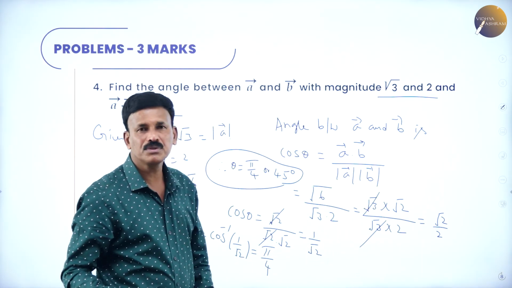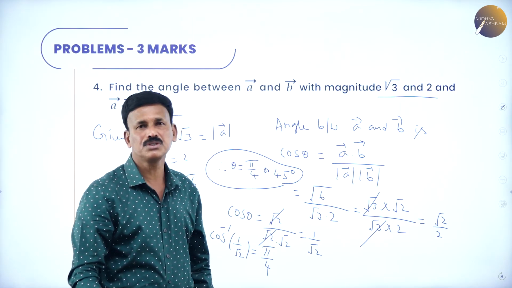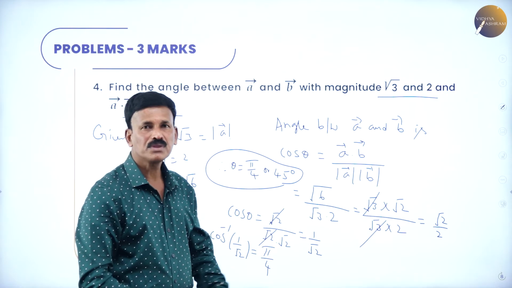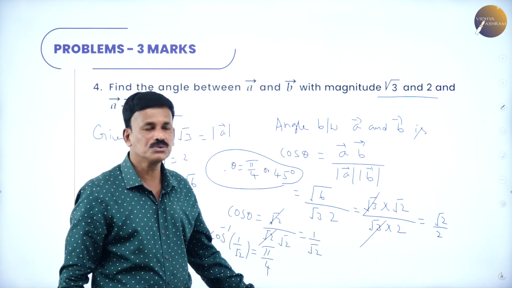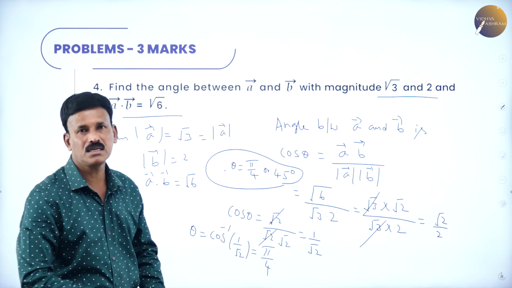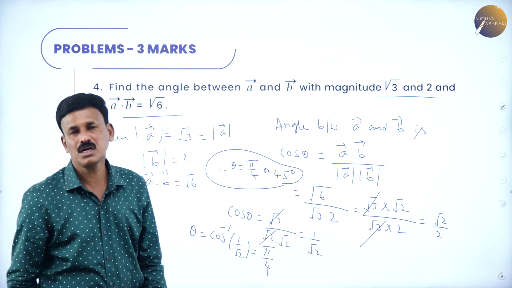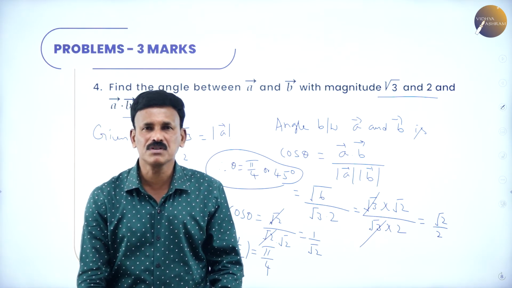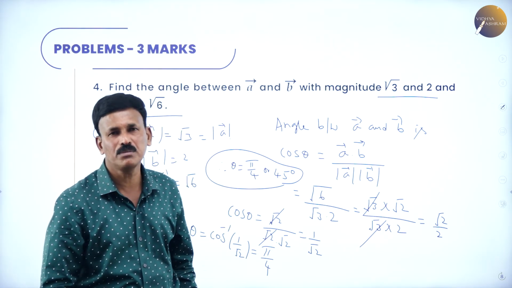Root 6 can also be written as root 3 into root 2. 3 into 2 is 6, root 6. So, root 3 gets cancelled in the numerator and denominator. In the denominator you have 2, which can be written as root 2 into root 2, and root 2 gets cancelled. 1 by root 2. Theta is equal to cos inverse of 1 by root 2, which means the value of theta which satisfies this is pi by 4 radians.